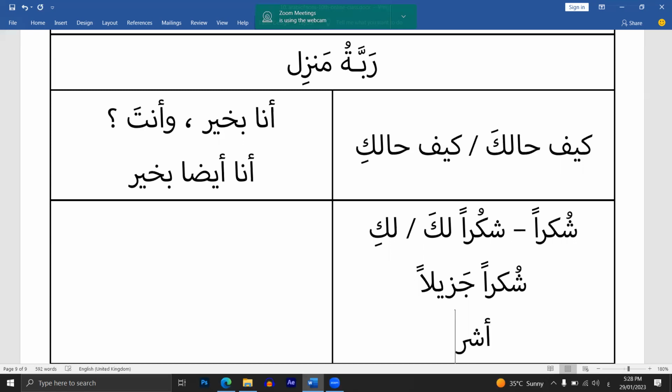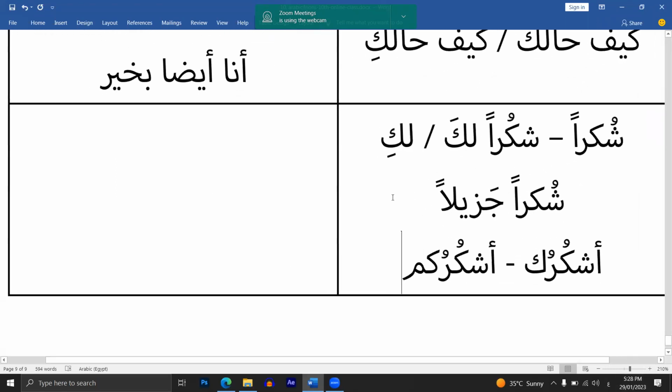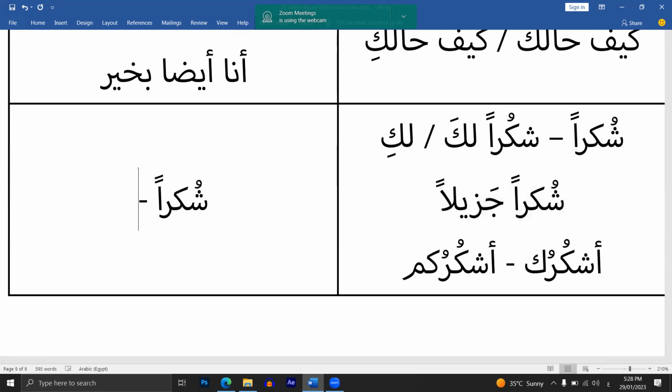There is a verb أشكرك, أنا أشكرك. أشكركم if you are talking to a group of people. In daily Arabic, we use شكرا, we also use شكرا جزيلا, and we use متشكر. Somehow it's a deviation from the verb أشكرك.